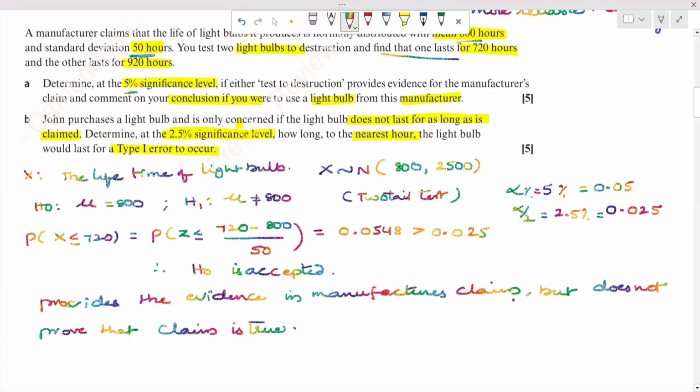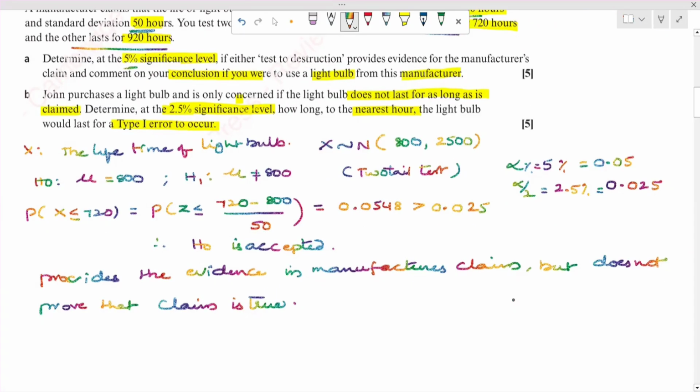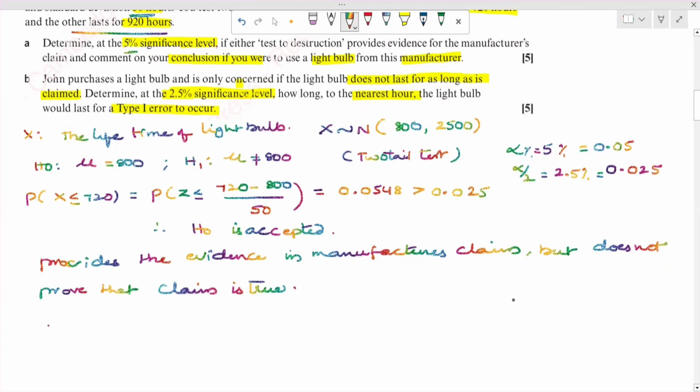They have given the other case, lasting 920 hours. So it will be P of X greater than or equal to 920. Same thing, use your calculator. So P of Z is greater than or equal to (920 minus mu) by sigma, where sigma is 50.